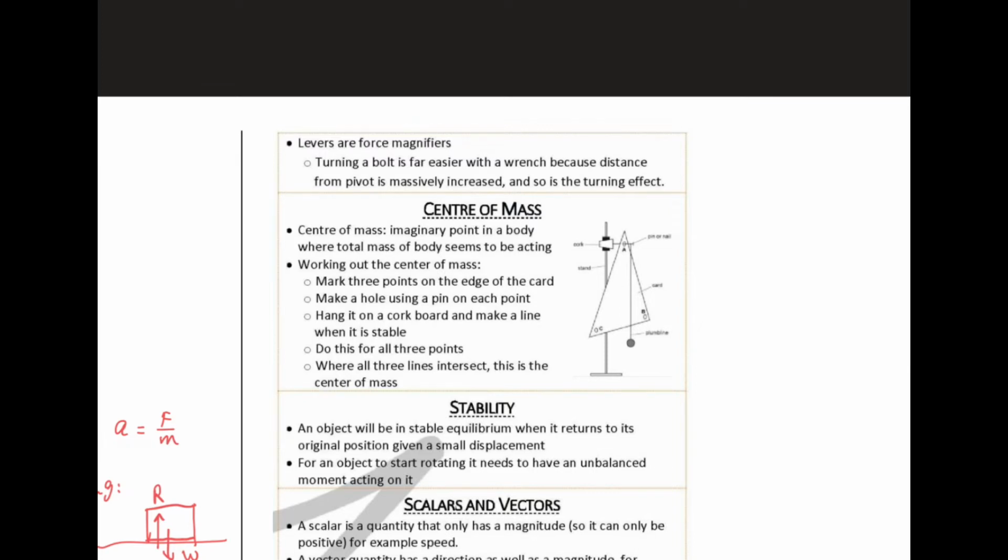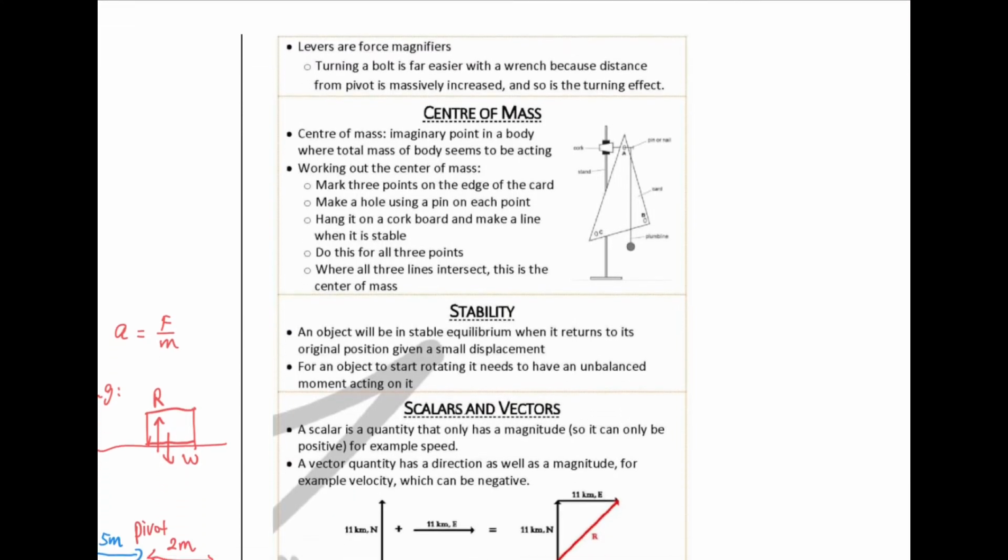We have the center of mass. Center of mass is an imaginary point in a body where the total mass of the body seems to be acting. Let's say you have a triangular object and you want to find the center of mass.